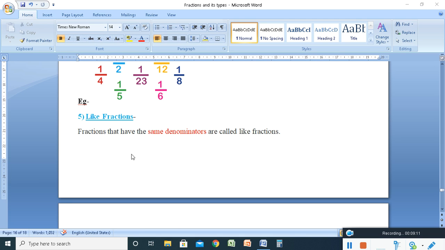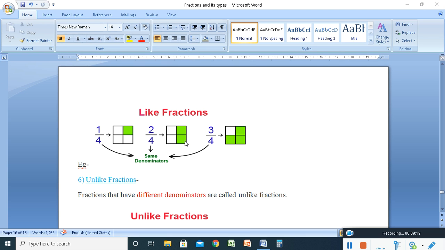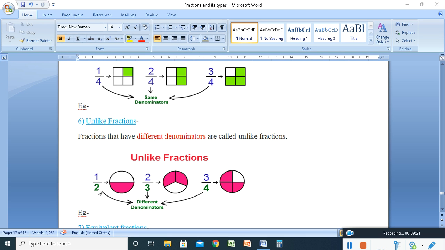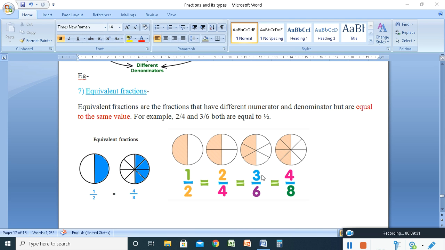Like fractions means when you compare two or three fractional numbers, the denominator is the same. Unlike fractions means the denominators have different values. Equivalent fractions means the numerator and denominator are different numbers but have the same value.